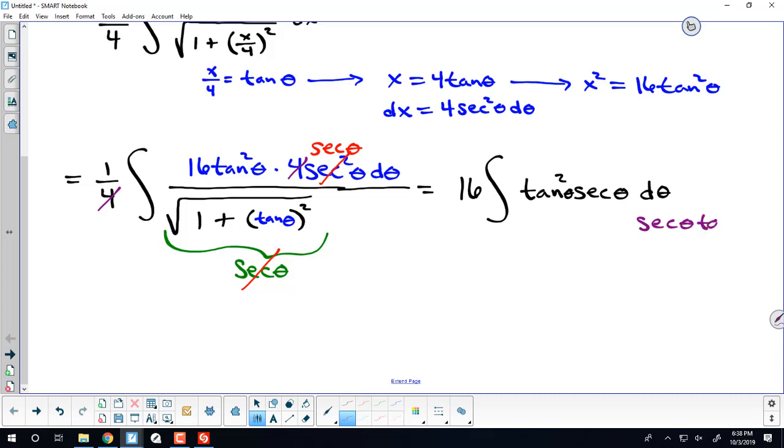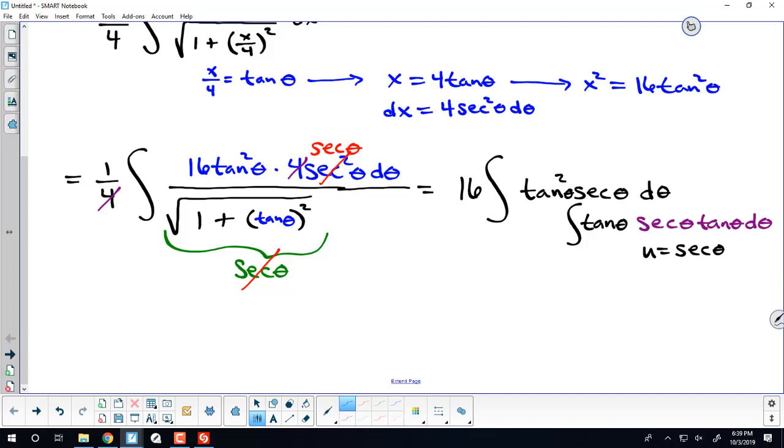Even if we thought about it that way, if we split off a secant tangent, put it with our differential, then we just have this tangent here. Under those circumstances, we would let u equal secant theta, and the remaining power of tangent that shows up, you use the Pythagorean identity.